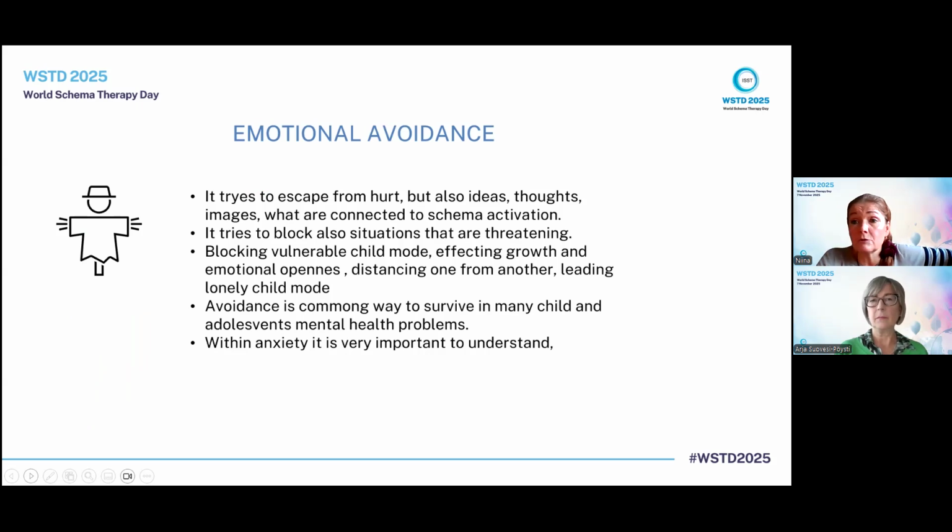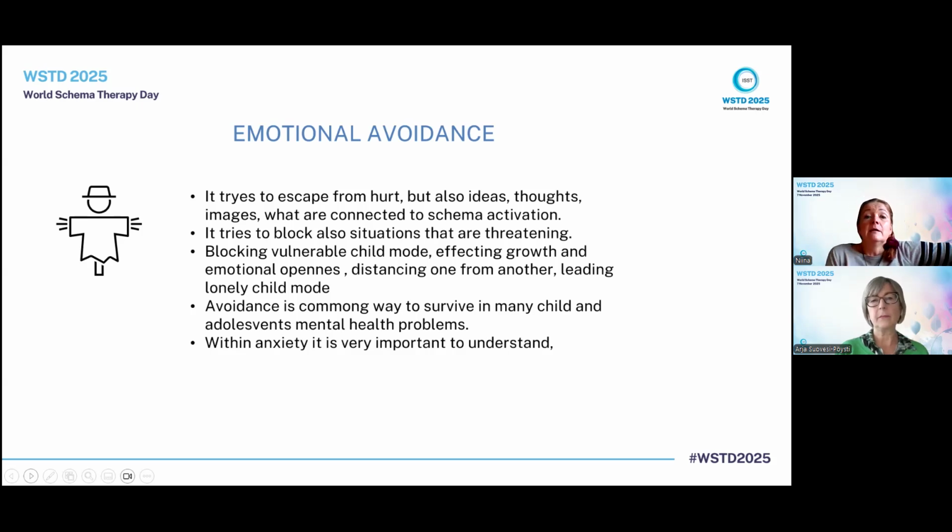So, emotional avoidance is almost everywhere with our clients. It tries to escape from hurt, but also from ideas, thoughts, and images connected to schema activation. It's like running away, but this is really the detached protector mode. There's like a wall between us.